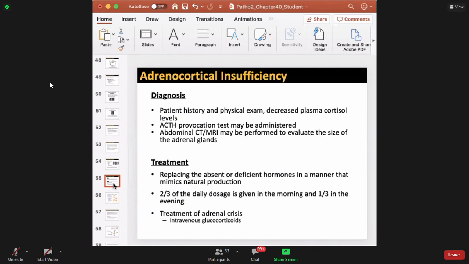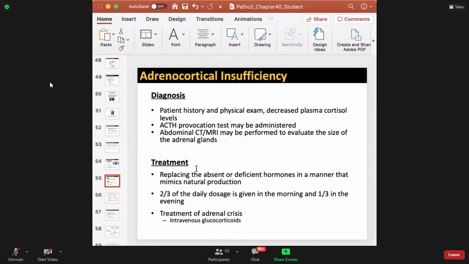So how do you diagnose them? Well, lots of different ways, right? Obviously, physical examination and patient history. We can look at the cortisol levels. We can look at the ACTH levels to see how the adrenal glands react to ACTH. We can do a CT scan or MRI to look at the adrenal glands. And then what do we do? We replace what's missing, right?